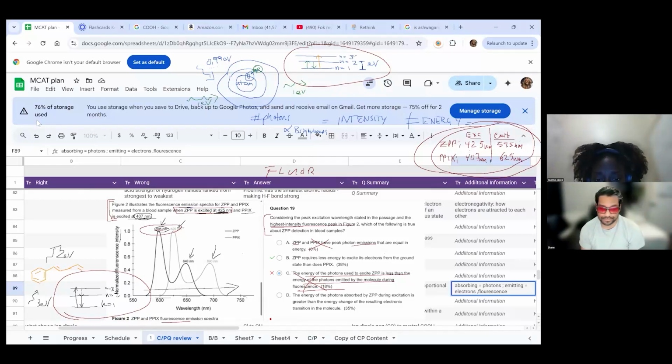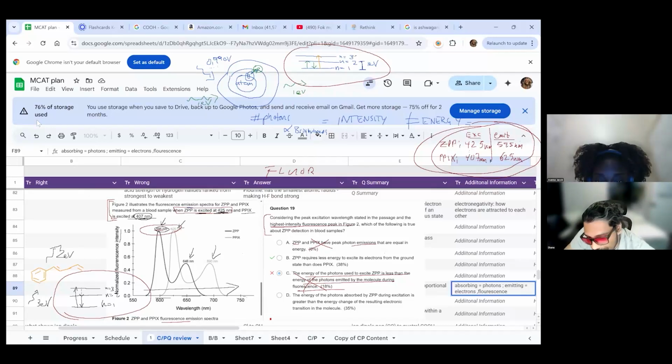So if that is saying that because ZPP's excitation energy is higher than the energy it takes to transition from one location to the next. So this is from UWorld, is it? Yeah. Okay, they can be a little tough.